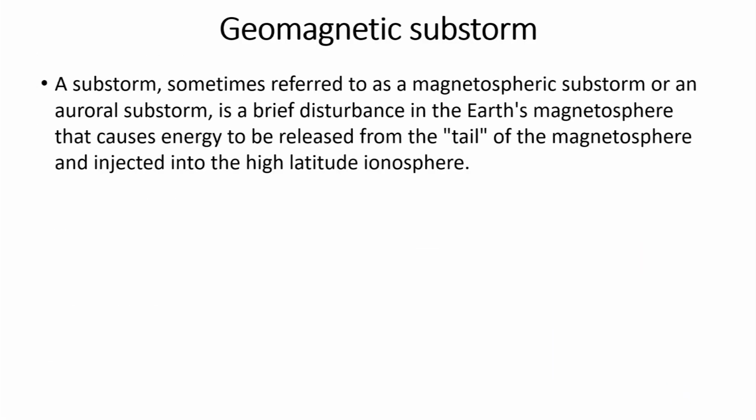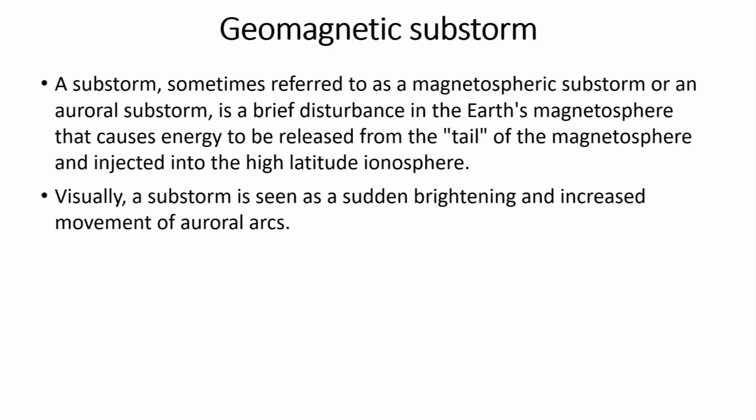Now, the geomagnetic substorm. A substorm, sometimes referred to as a magnetospheric substorm or an auroral substorm, is a brief disturbance in the Earth's magnetosphere that causes energy to be released from the tail of the magnetosphere and injected into the high latitude ionosphere. As we explained in the previous slides, energy can be released from the tail of the magnetosphere, and the particles go back and can be coupled to the auroral regions.